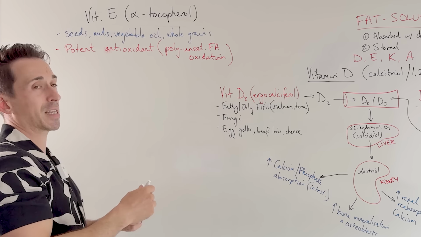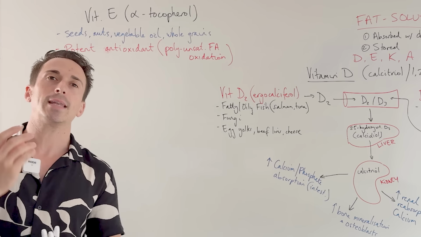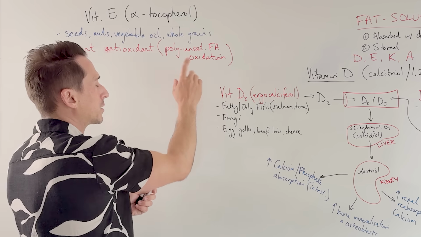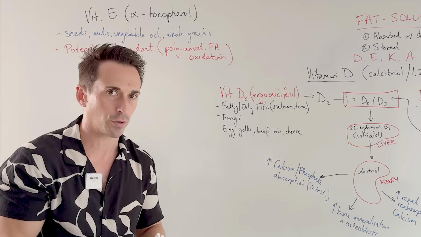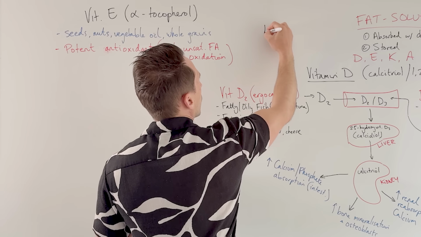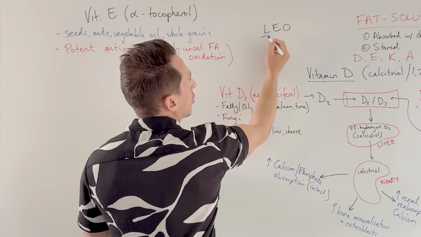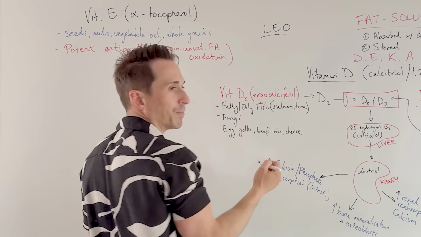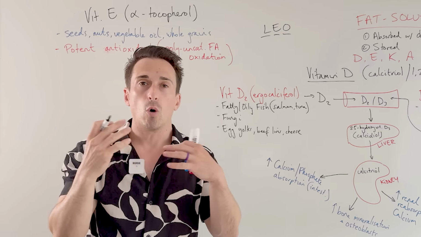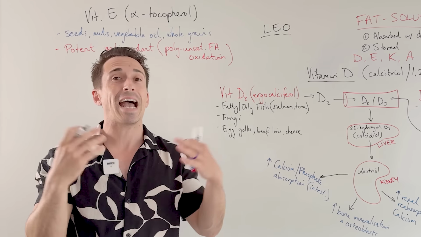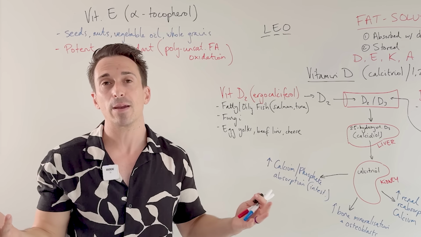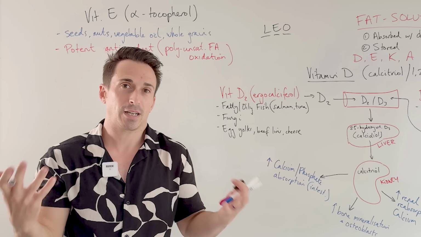I don't know what a polyunsaturated fatty acid is. I don't know what oxidation is. Effectively, oxidation is the loss of electrons. You can remember it like this, LEO. The loss of electrons is oxidation. So, all the body is made up of the various atoms and elements of the periodic table, and they've all got protons and electrons, right?